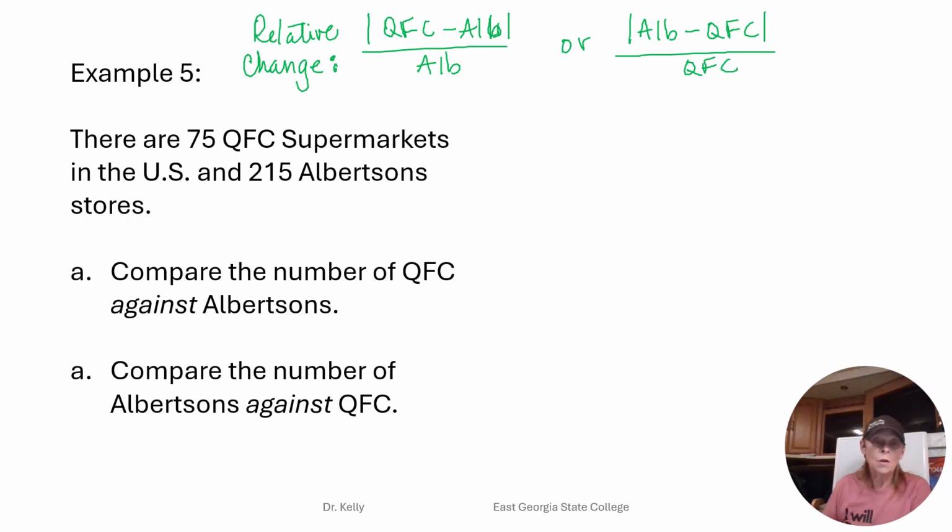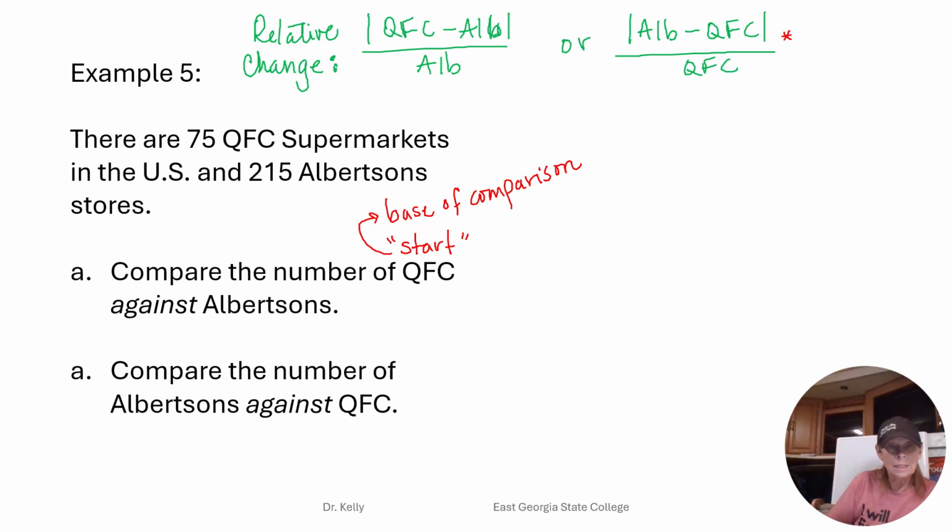Okay, so the first problem here asks us to compare the number of QFCs against the Albertsons. This makes the QFC the start. We could also use the word base of comparison. Okay, and so that means that for this one, QFC is the bottom number. We're going to use this guy right here.